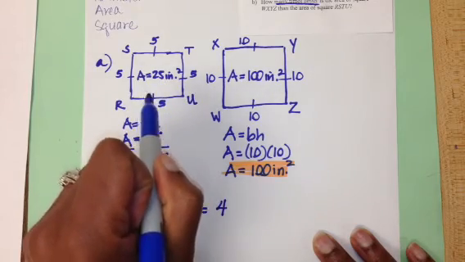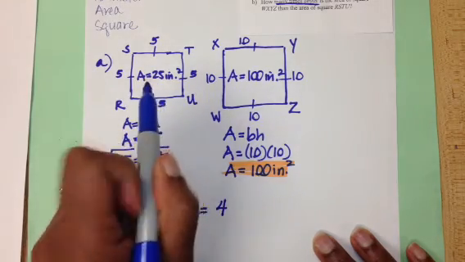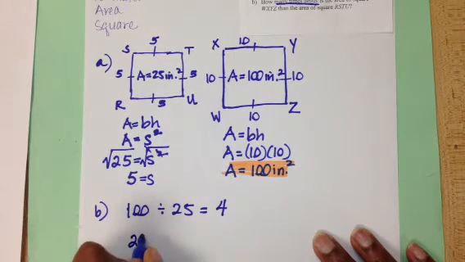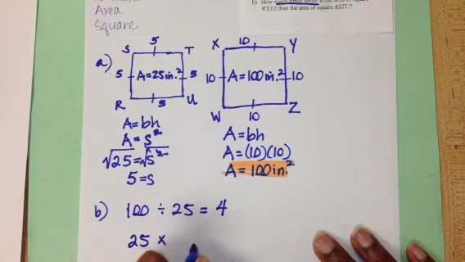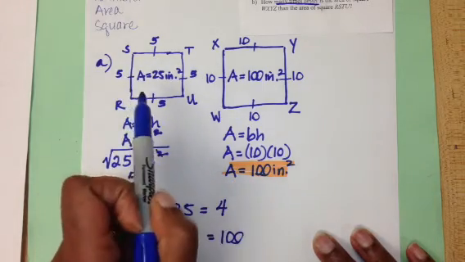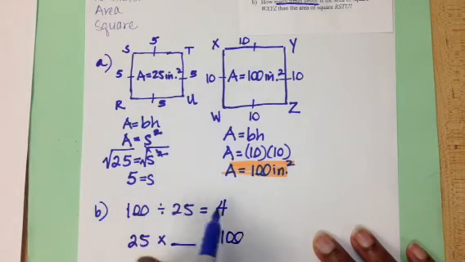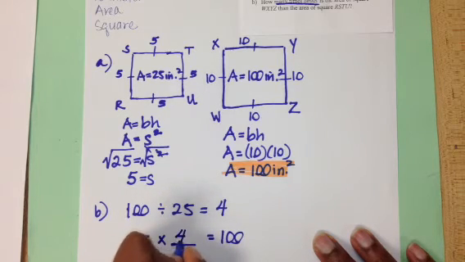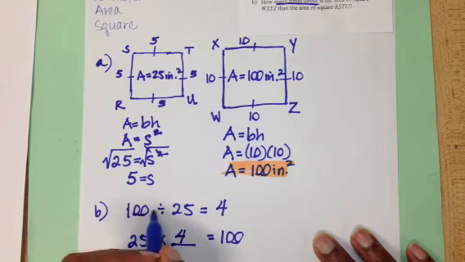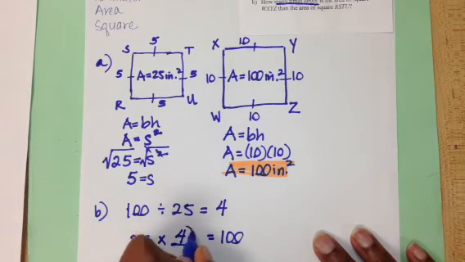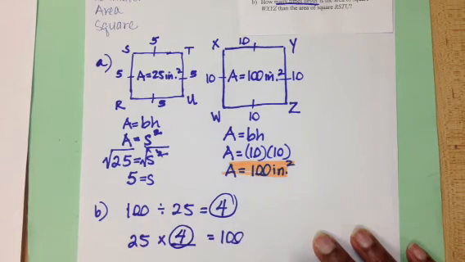Now if we wanted to move backwards, I could have said 25 times what number would give me 100? It's the same operation that we did here. We can multiply by 4 to get 100, or we can take 100 and divide that by 25. Either way, I get 4.